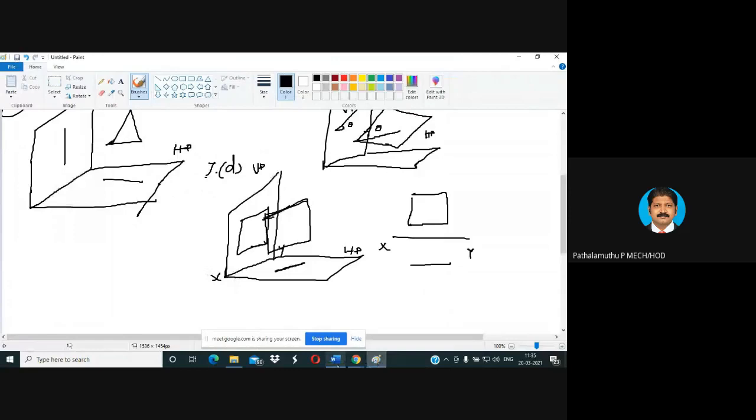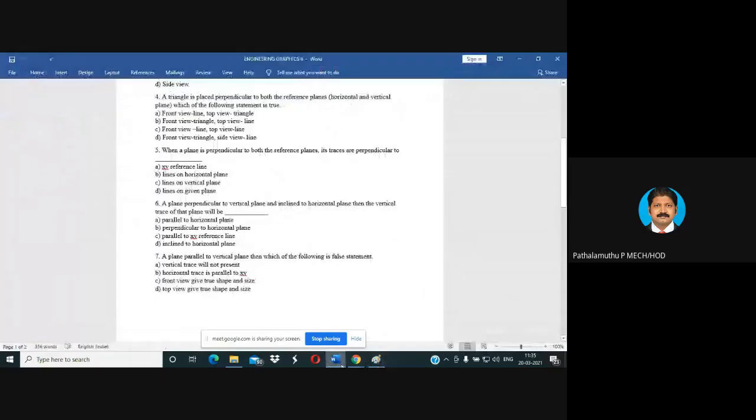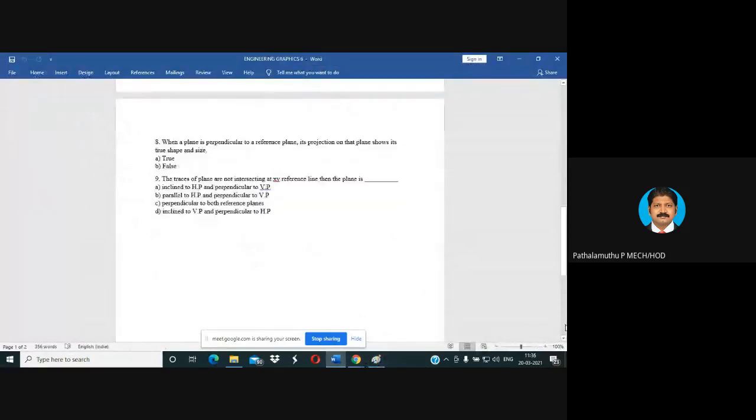See the diagram. Perpendicular to one reference plane shows only a line, while parallel to a reference plane gives the true shape. So the statement that the projection shows the true shape is a false statement. So option B is the correct answer for question number 8.